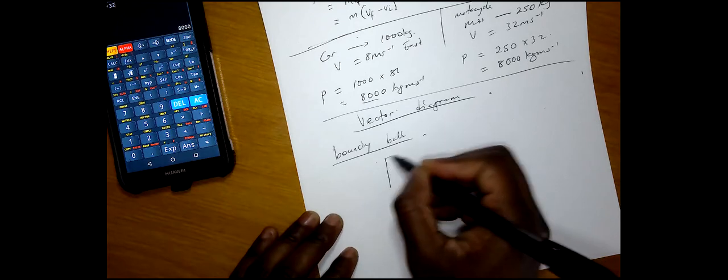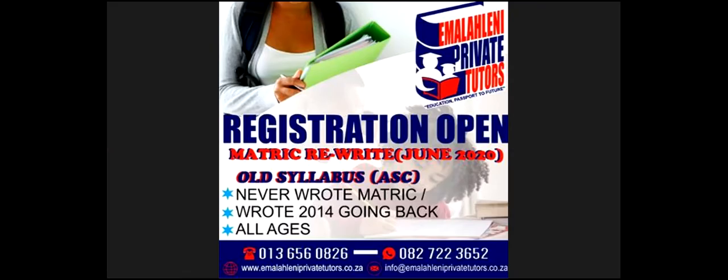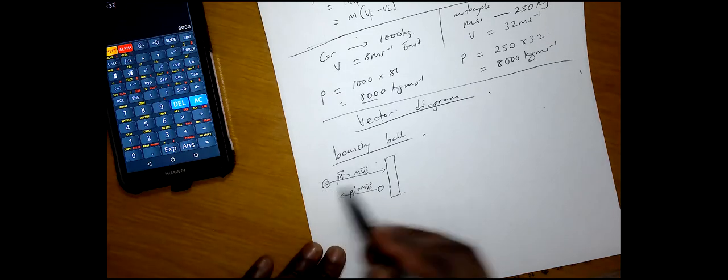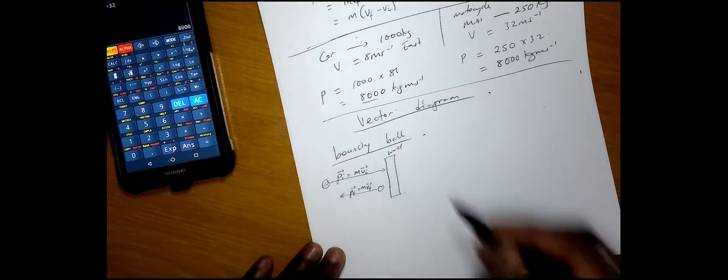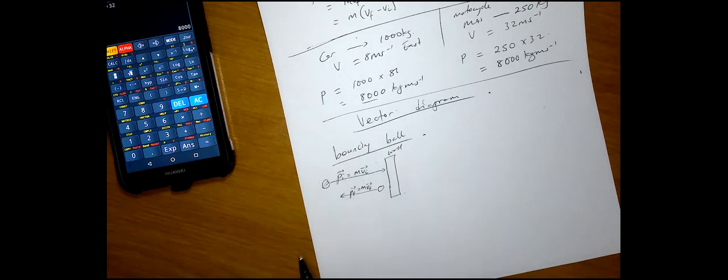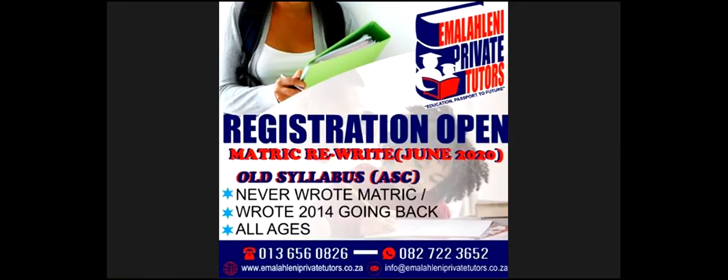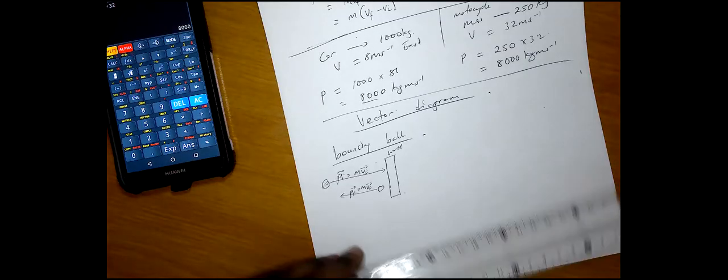Now let's have a ball here. We have a bouncing ball moving towards the wall. This is a wall. This is our initial momentum, as the ball moves towards the wall and bounces back.